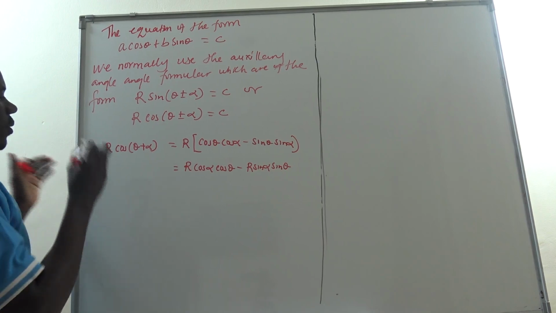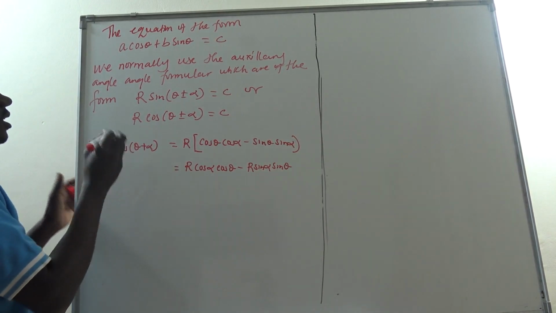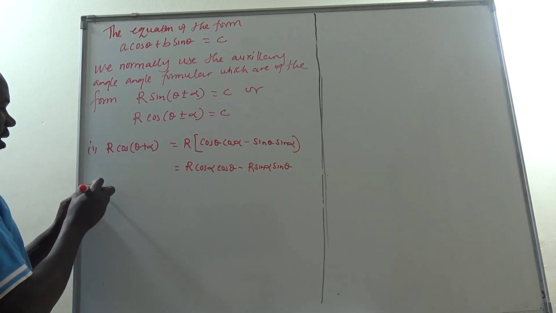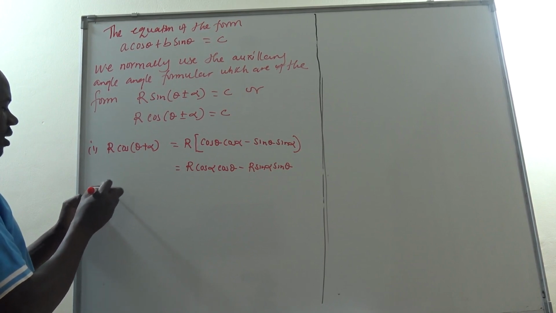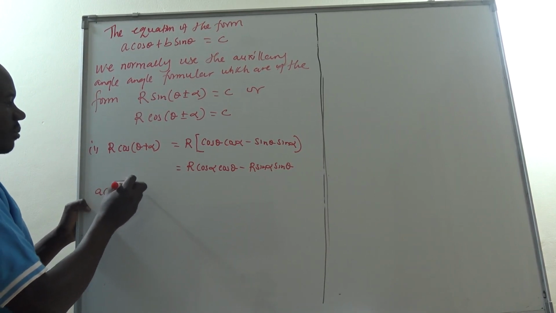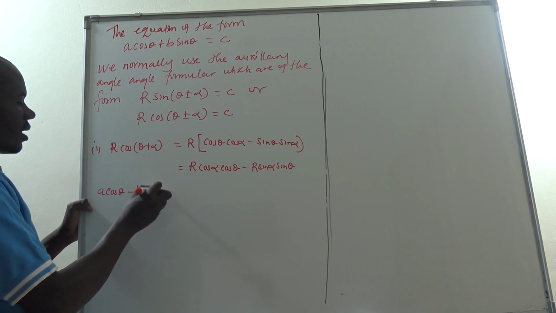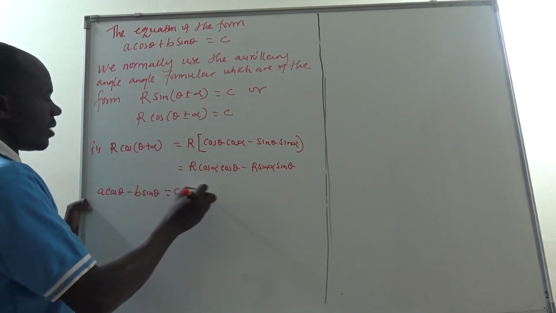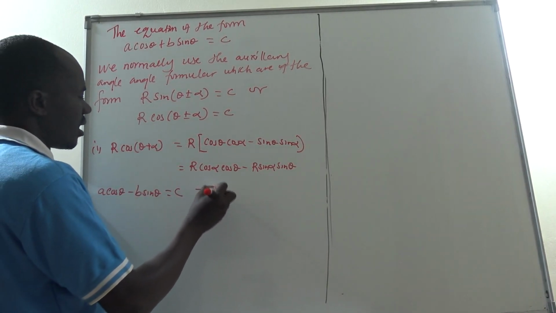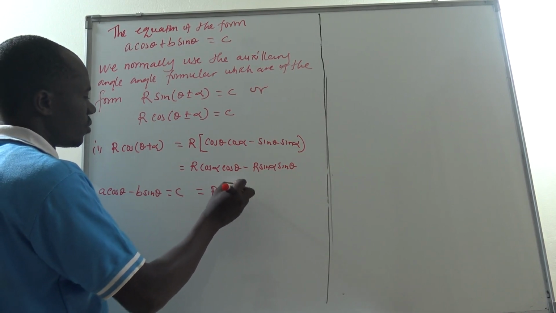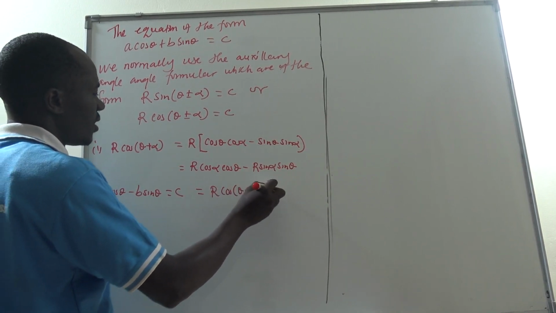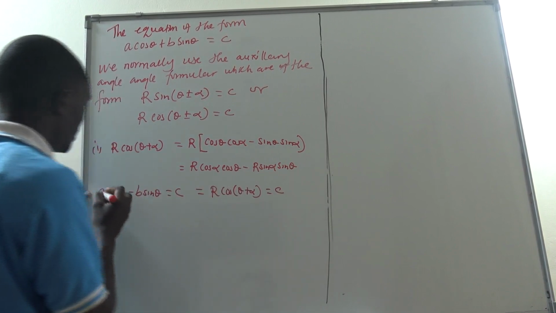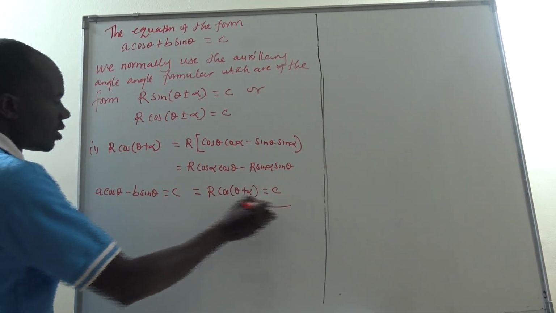So when you find that the equation is given in the form a cos theta minus b sin theta equals c, we normally use r cos(theta plus alpha) equals c. This is the first one which we wanted you to deal with.